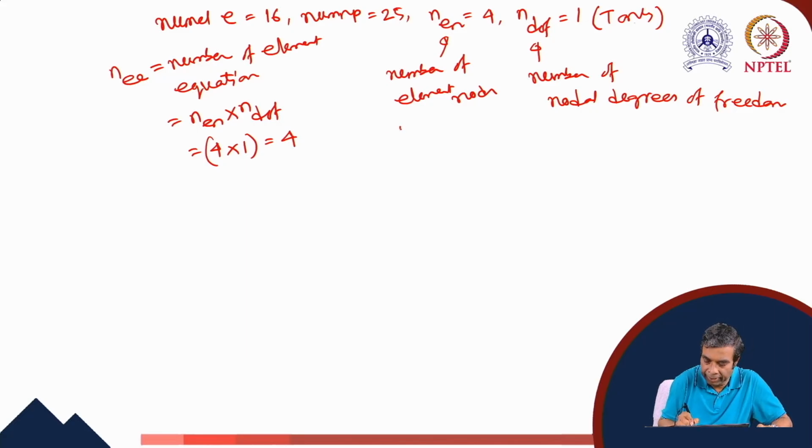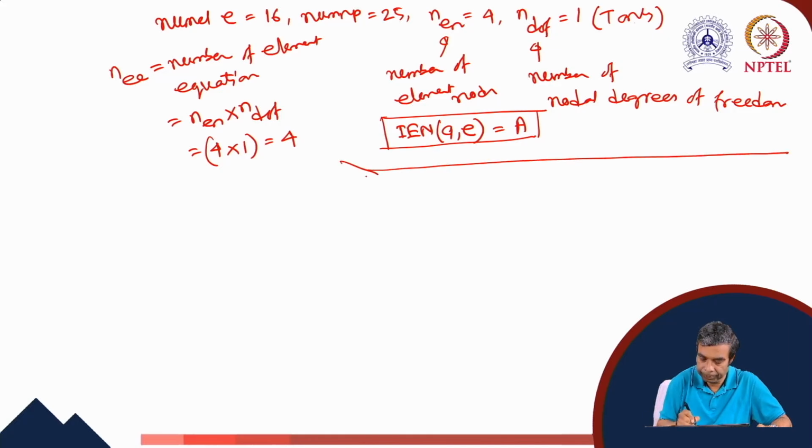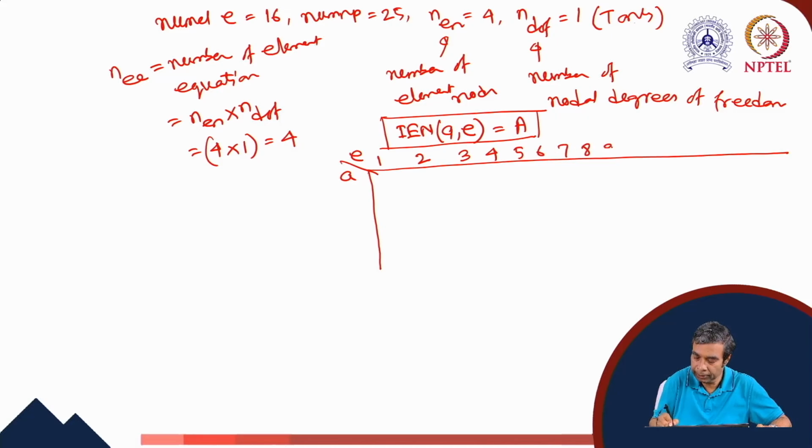The IEN array is defined as IEN(a, e) equals capital A. Okay, so we make the IEN table with elements E going from 1 to 16, as 1, 2, 3, up to 16.